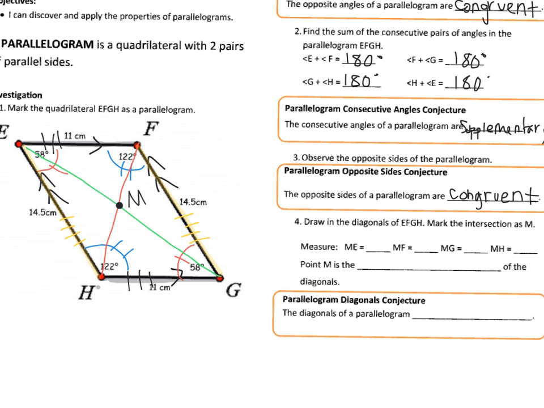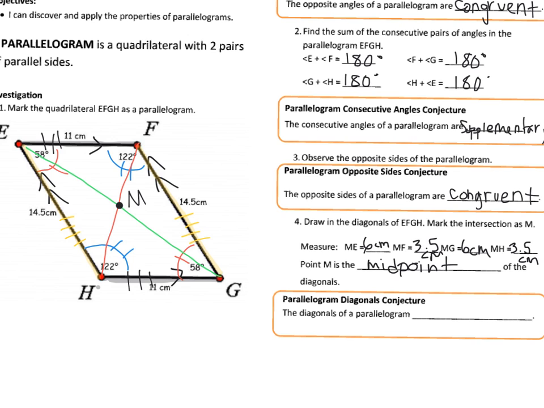It is 6 centimeters. Next, MF, I measured that for us. That is 3.5 centimeters. And then M to G, which is 6 centimeters. And then lastly, MH, which is 3.5 centimeters.